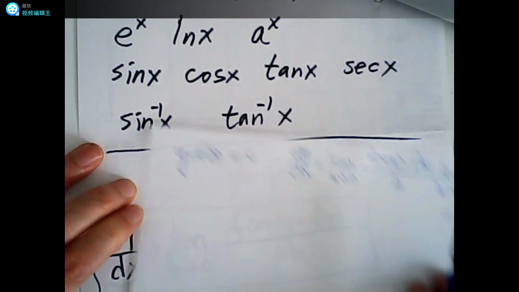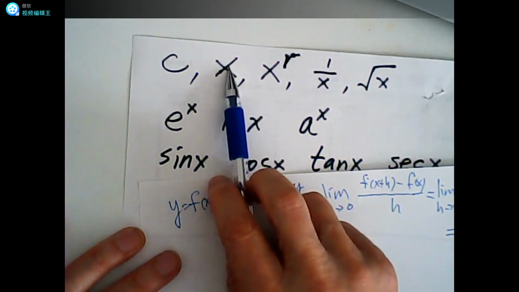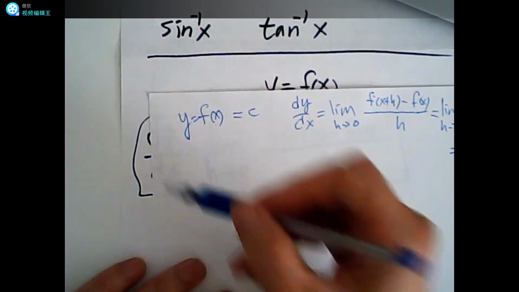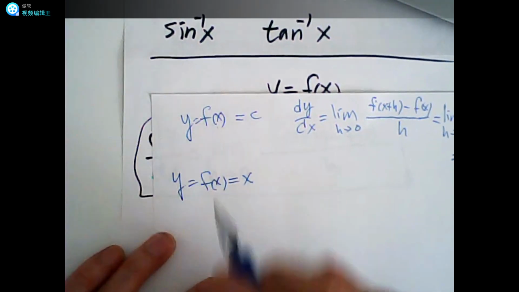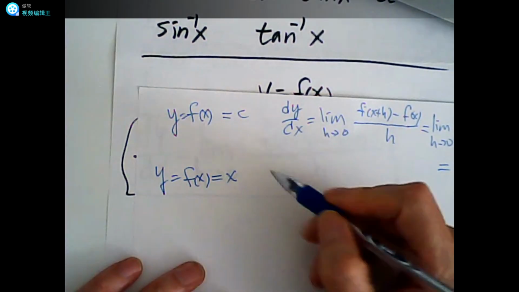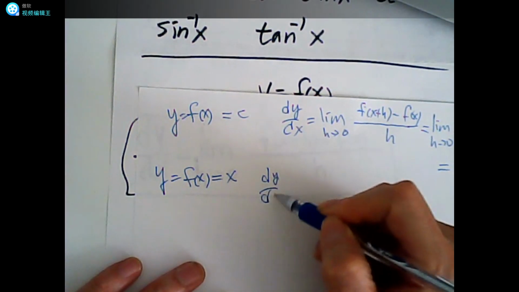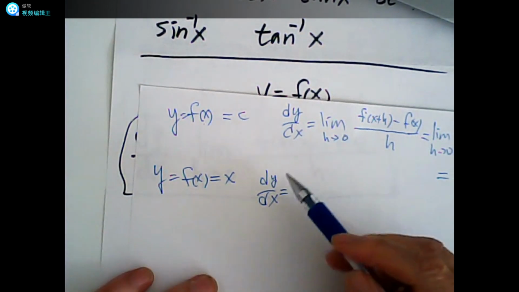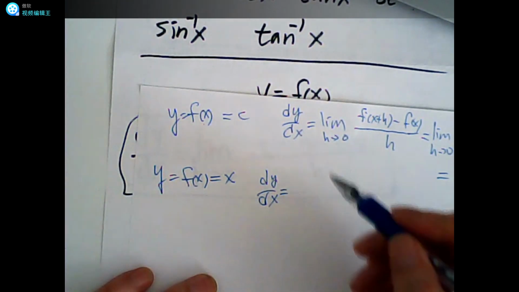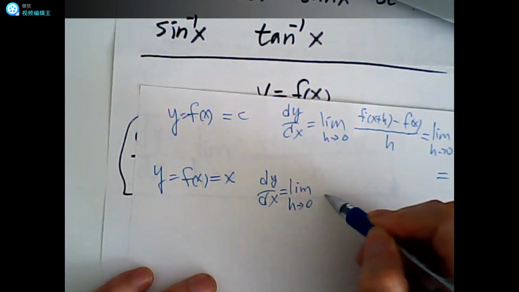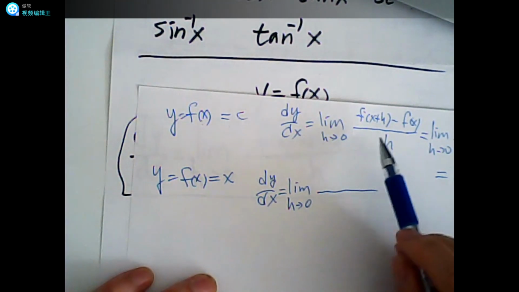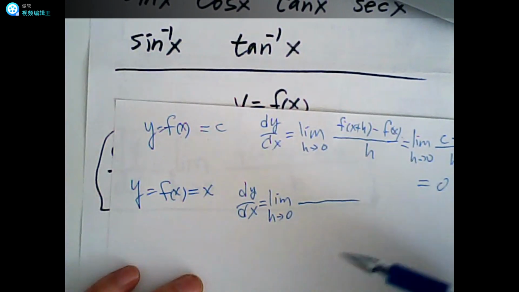Now, next one is x. f of x equals x, then dy/dx, the derivative of y with respect to x, is the limit as h goes to 0. Well, let me omit writing the definition.